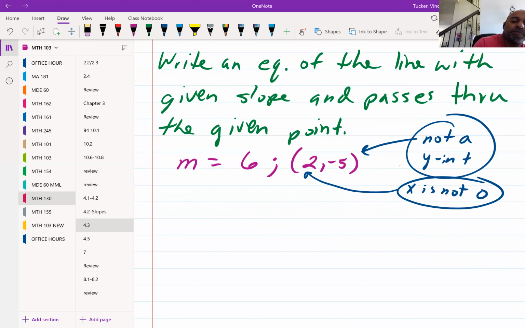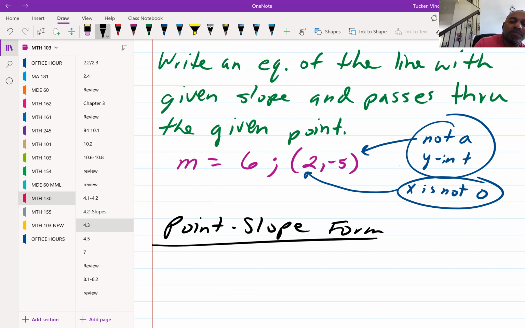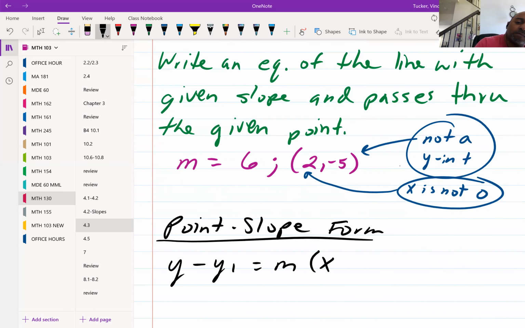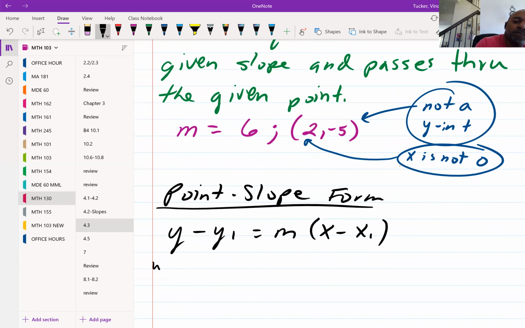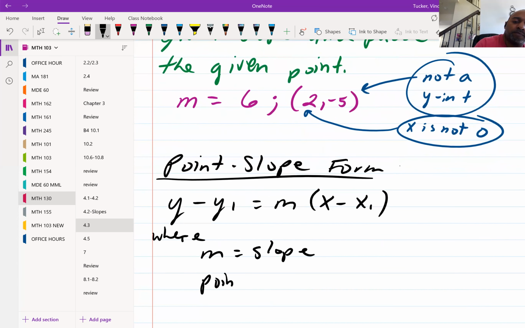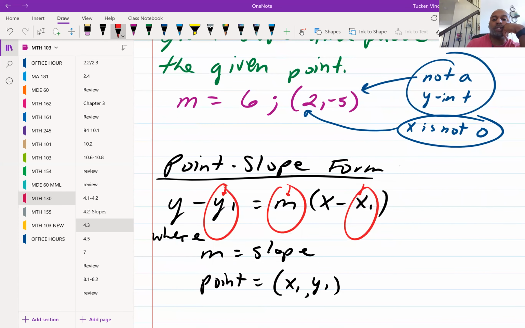Sorry about that, had to sneeze. So we're going to use this form right here: y minus y1 equals m times x minus x1, where we plug into these spots to create our equation.